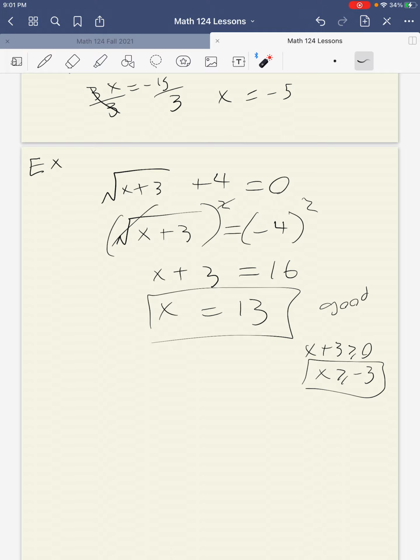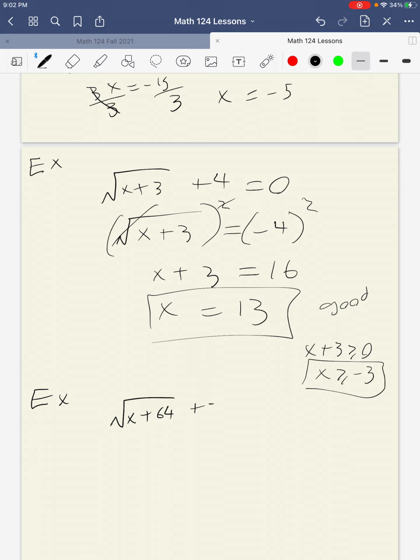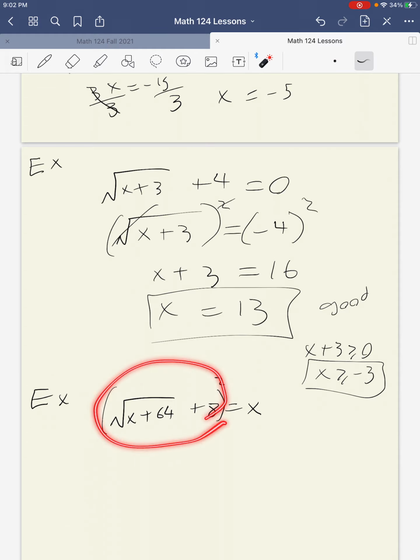Okay, let's look at another example, slightly harder example. Say we have square root of x plus 64 plus 8 equals x. And again, you could just square both sides, but if you squared both sides like this, you would have to FOIL this out, which gets messy, so it's not very wise to square both sides immediately.